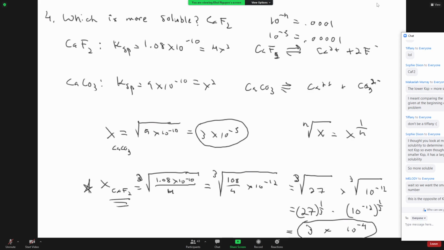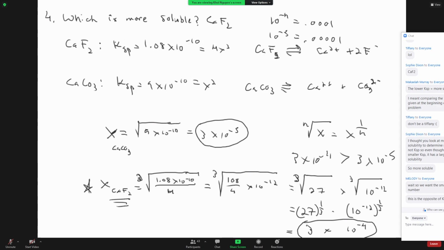Can I ask a question? Sure. So for the KSPs that were given at the beginning of the problem, I said CaF2 because that's a lower number than the KSP given for CaCO3, right? No, we're comparing molar solubilities. 3 times 10 to the negative 4 is larger than 3 times 10 to the negative 5.